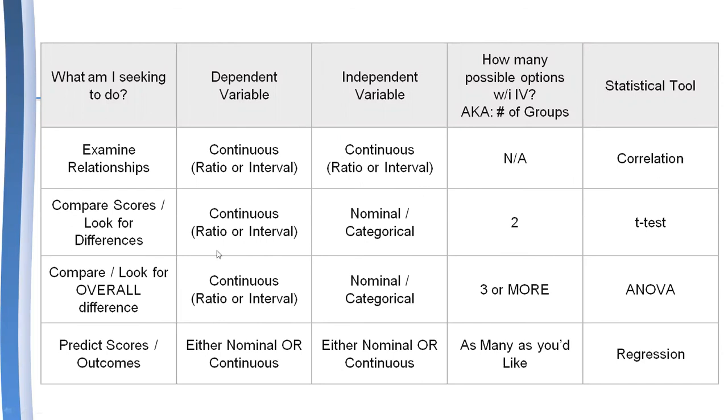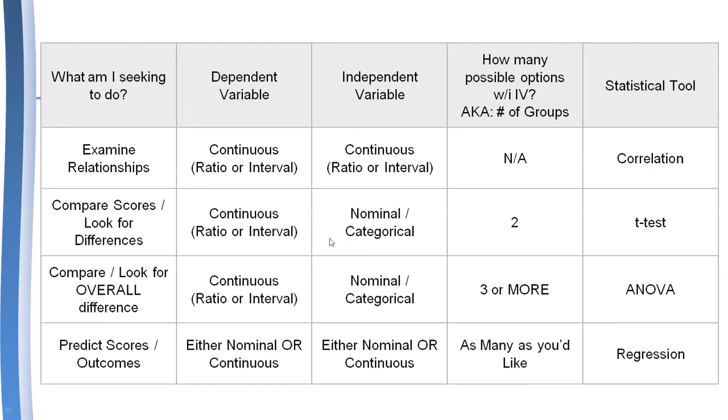If I'm given a continuous dependent variable and a nominal or categorical, a grouping, independent variable, I might be looking at a t-test or ANOVA. The only thing that differs between a t-test and ANOVA is how many possible options are available within the independent variable. So for instance, is my grouping variable gender, and I have two options, male versus female?